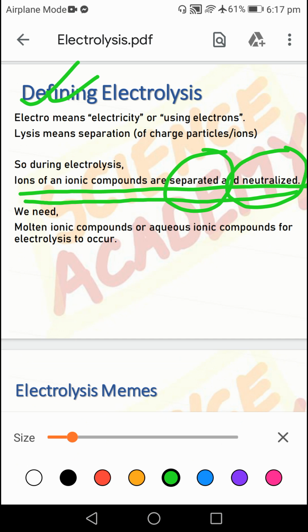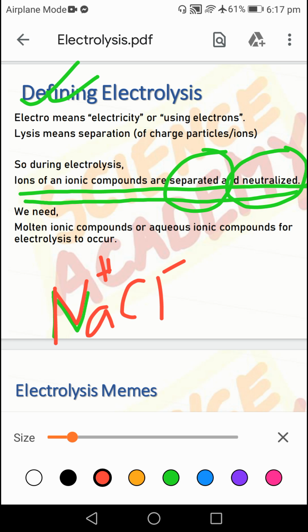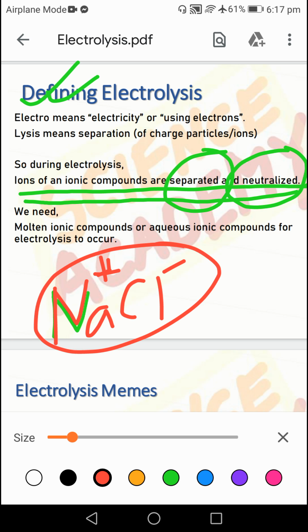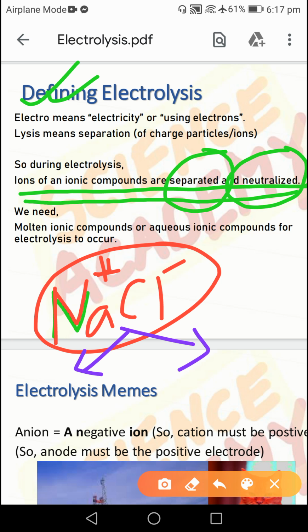For electrolysis to occur, you must supply a medium where the ions can move, isn't it? Because if these ions have to get separated, then they must move apart, away from each other.